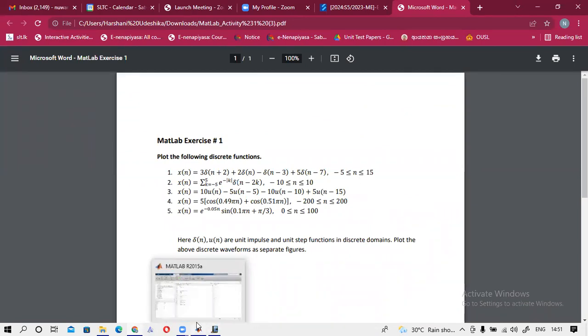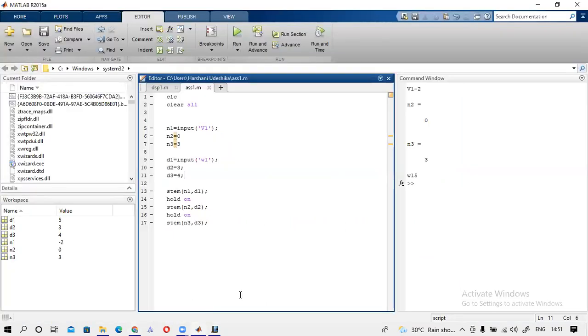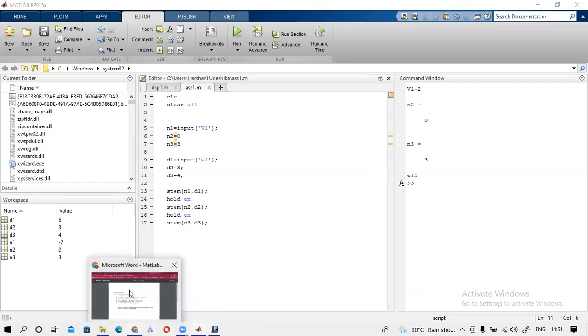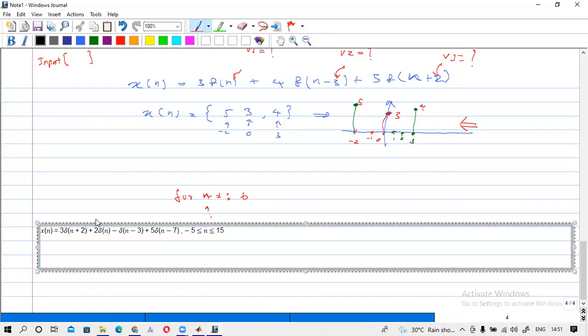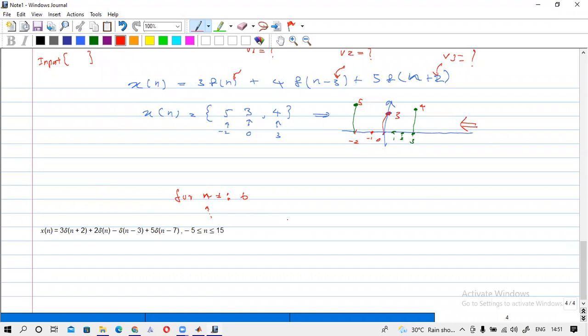That means you have to plot the 0 there. So it is like this. If I go to this one, I copy, Control C, Control V. So what does this mean?